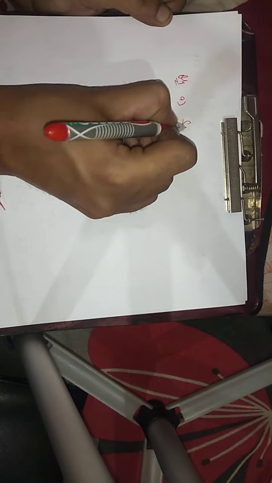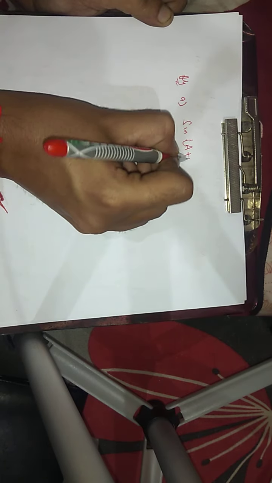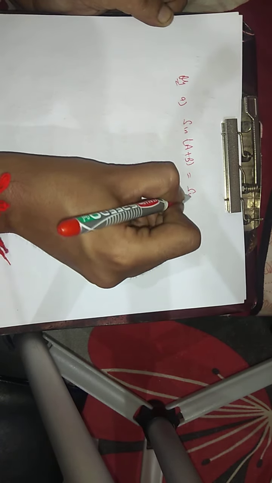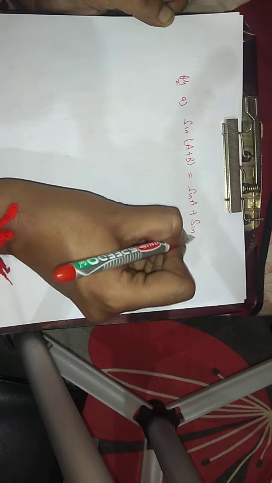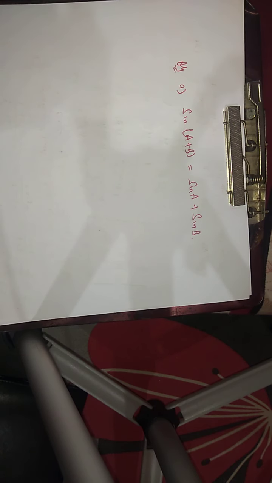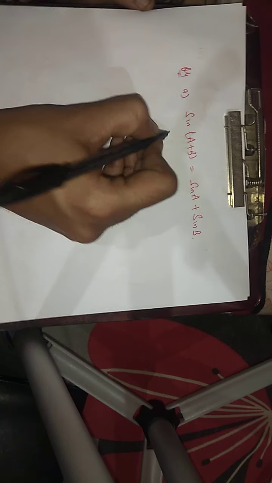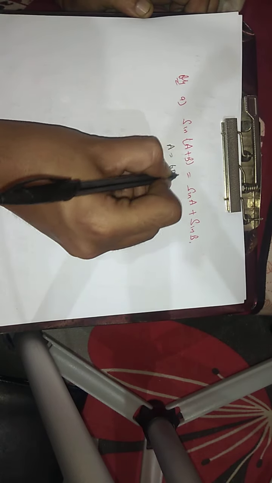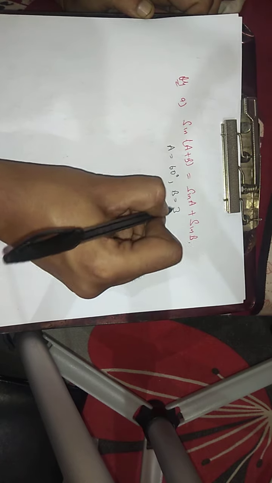Part number A. Sin (a plus b) is equal to sin a plus sin b. If it holds good, if it is true, then it has to be true for each and every angle, whether 0, 30, 45, 60, 90, whatsoever. But if it is not true for any of the angles, then this identity doesn't hold good. So now let us take A as 60 and B as 30.